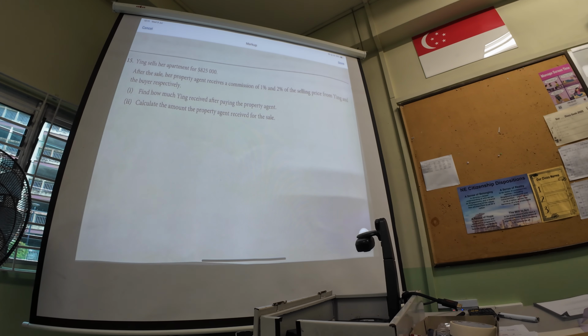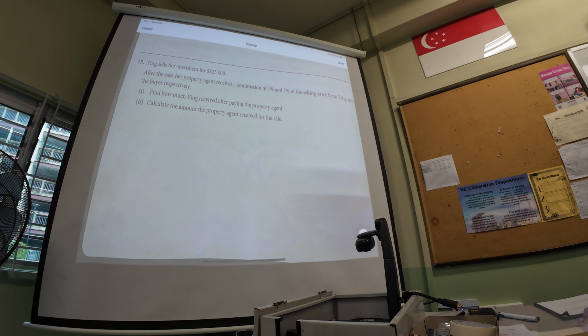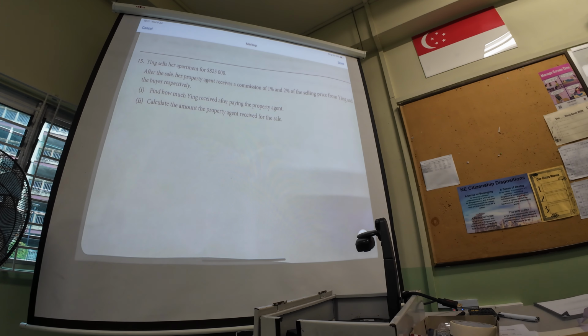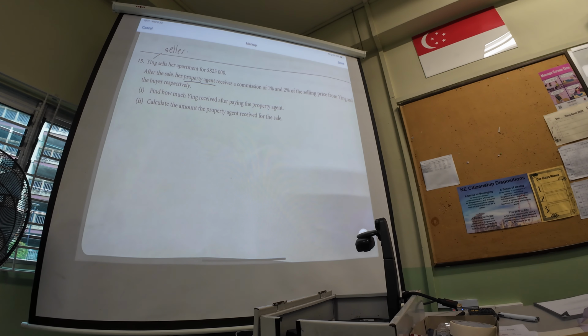Okay, so let us read this. In sells an apartment for $825,000. So in this case, In is the seller. After the sale, her property agent, the person helping to sell her house, receives a commission.